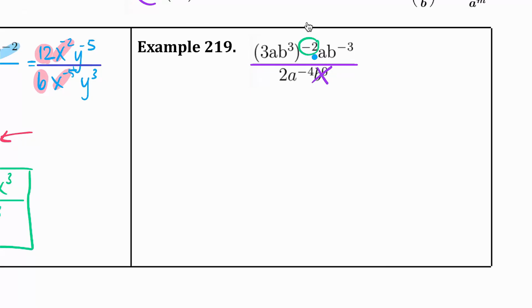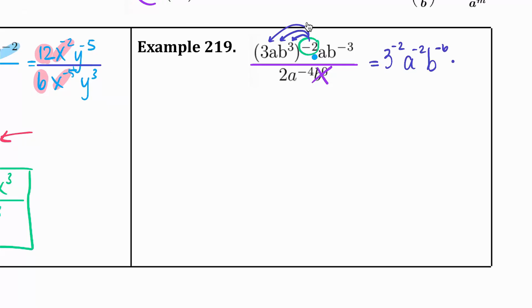All right, so I'm going to start on the top of our fraction here. And I'm going to do my power rule first. I'm going to multiply all my inside exponents by my outside exponents. So I'm going to get 3 to the negative second, a to the negative second, and b to the negative 6th power.